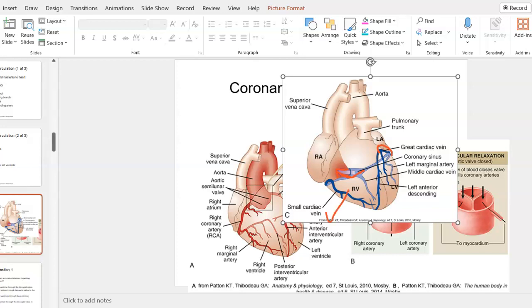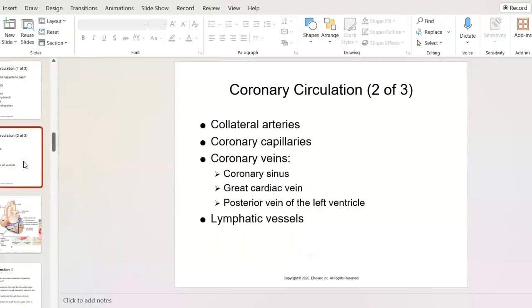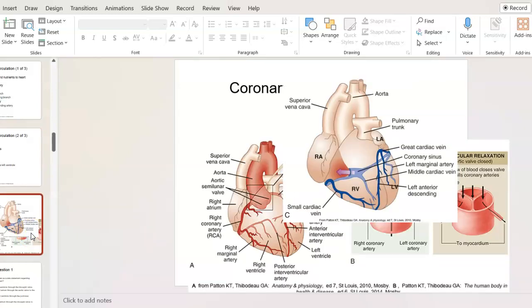Let's look at the ones that are listed. Make sure I got them all. Yep, got all of those. As far as the veins, we got coronary sinus, great cardiac vein, posterior vein of the left ventricle is one of the last ones. And I'm sorry I'm going back and forth, but there's a ton of these.